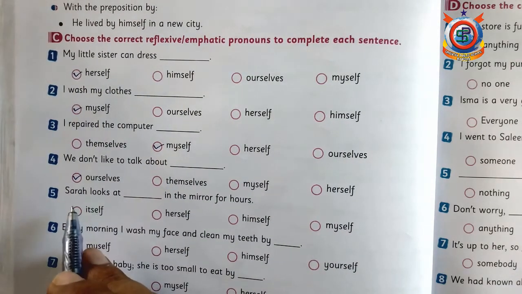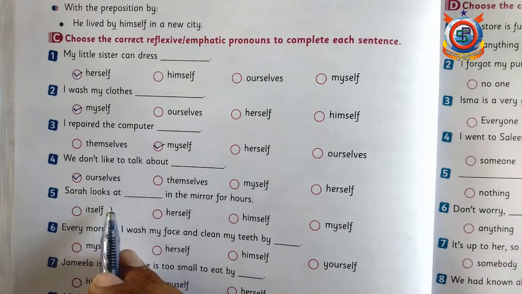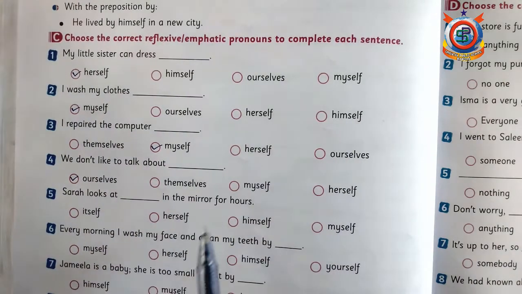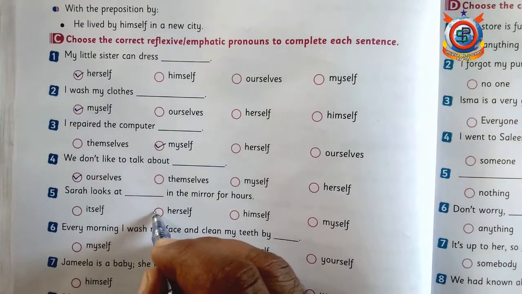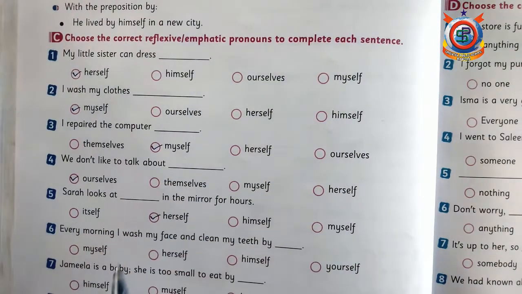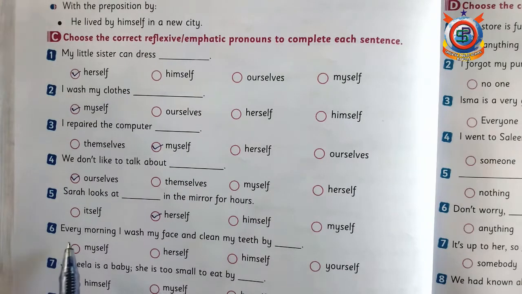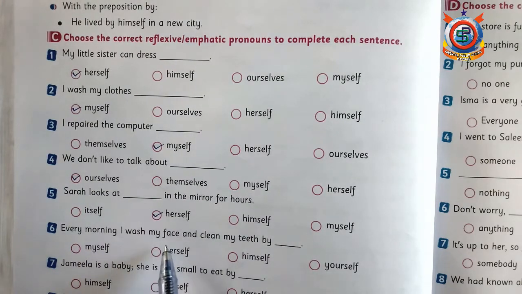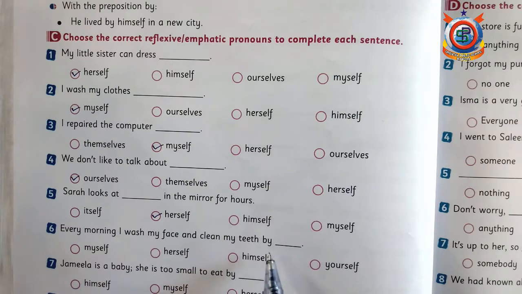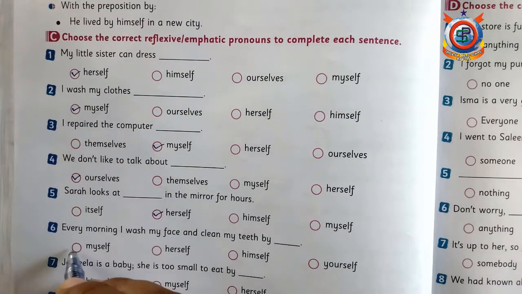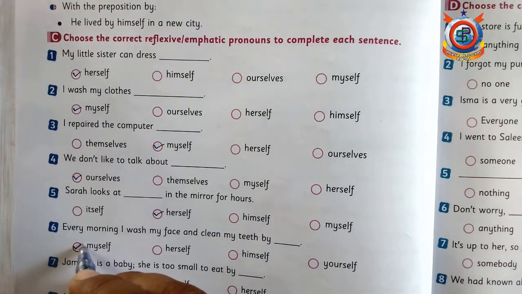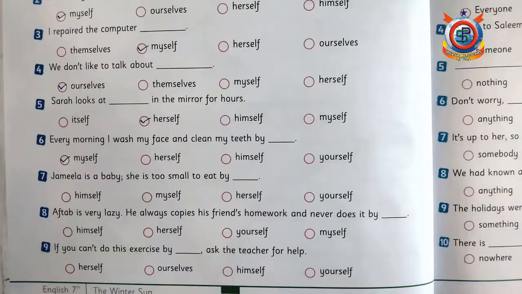Number 5. Sarah looks at herself in the mirror for hours. Option B. Number 6. Every morning I wash my face and clean my teeth by myself. Option A. Number 7. Jamila is a baby. She is too small to eat by herself.